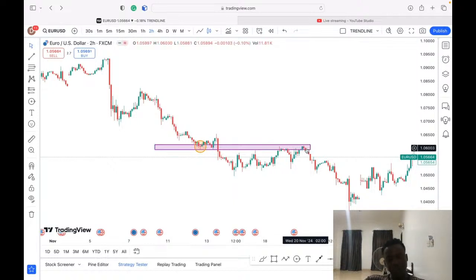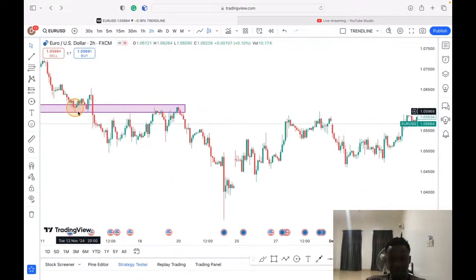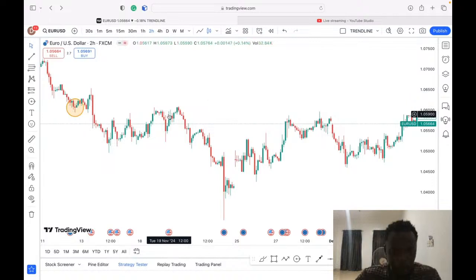The next thing we're going to do is, since we've confirmed that this market is close to a support or resistance level, we're going to look at the candlestick patterns. We have different kinds of candlestick patterns. Now let's read this candlestick. We saw a green candle here, and then we saw a red.